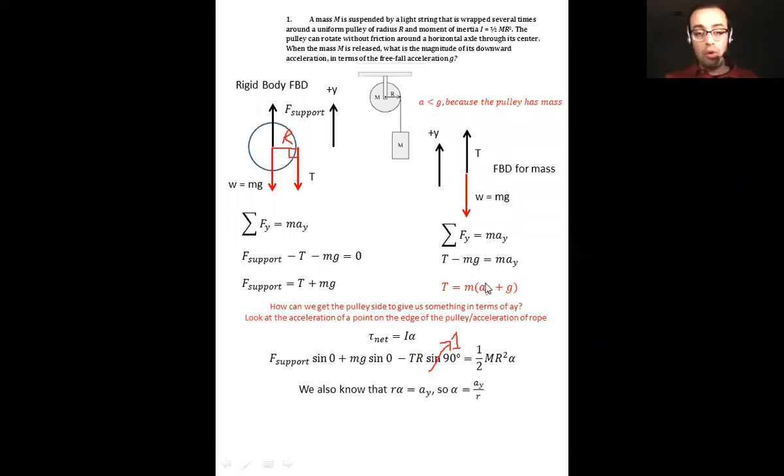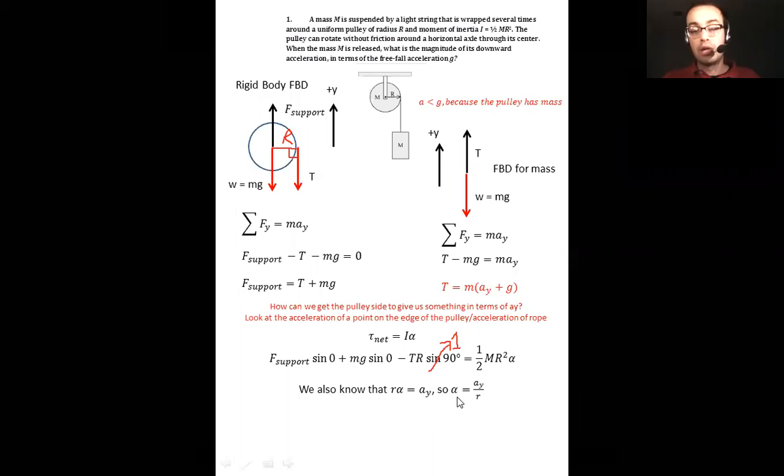We also know, because we've talked about it, I hope you're finding that we're talking about this ad nauseum, and if not, maybe watch the lectures again. We also know that r times the angular acceleration is equal to a sub y.